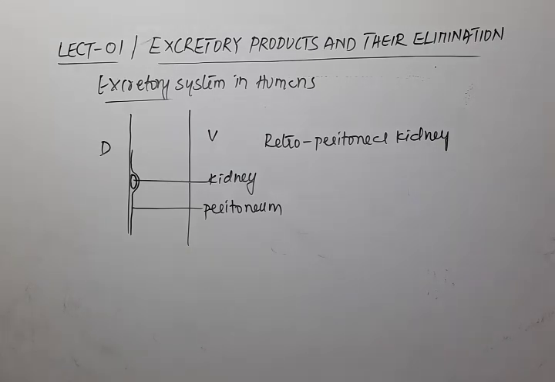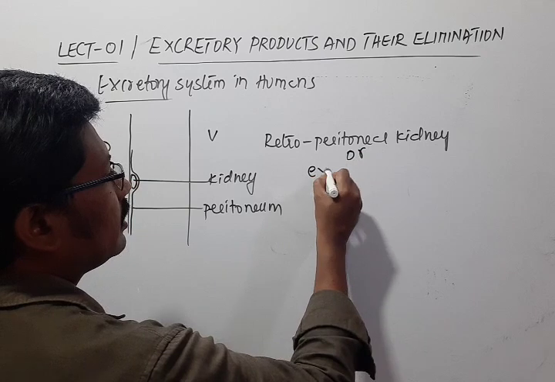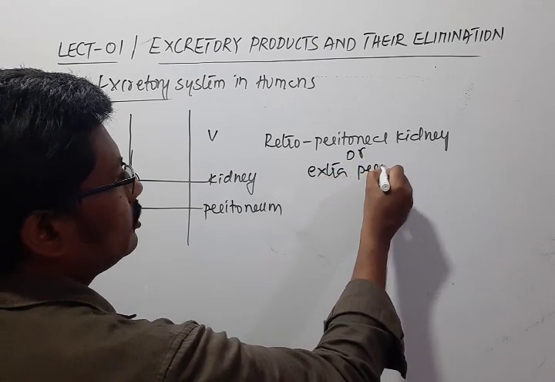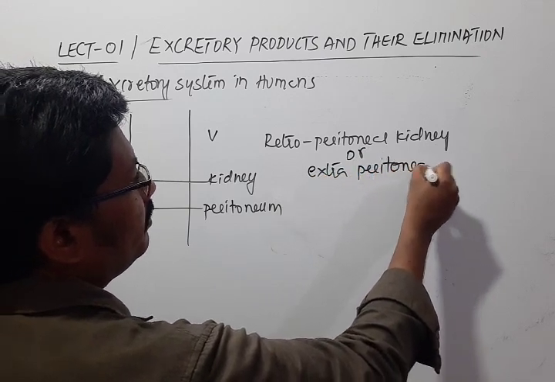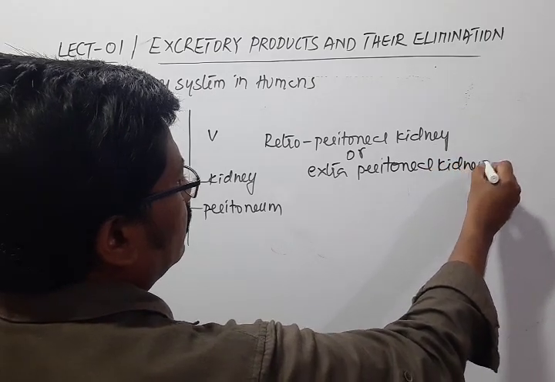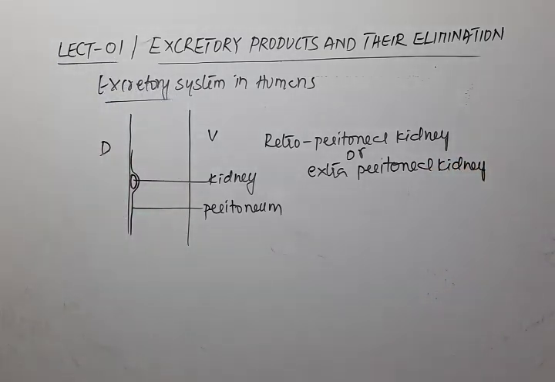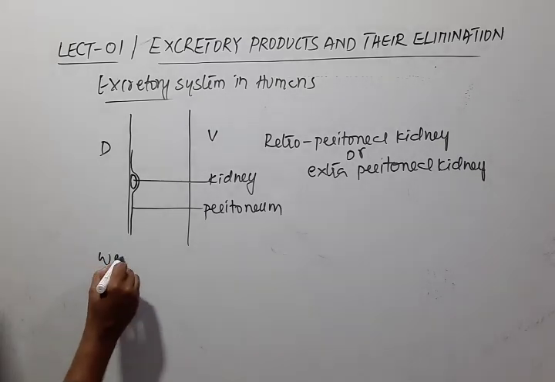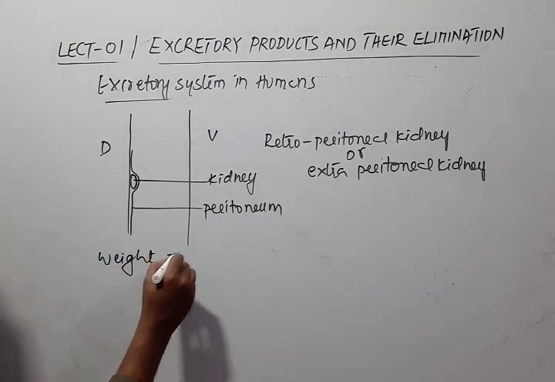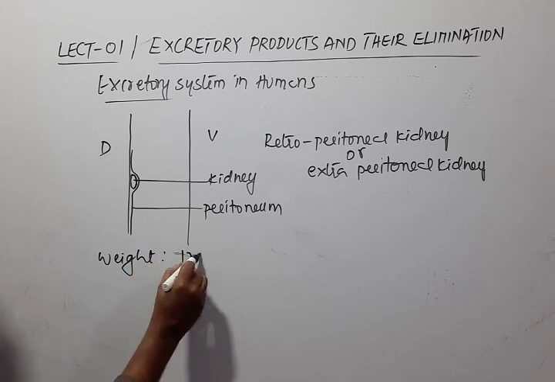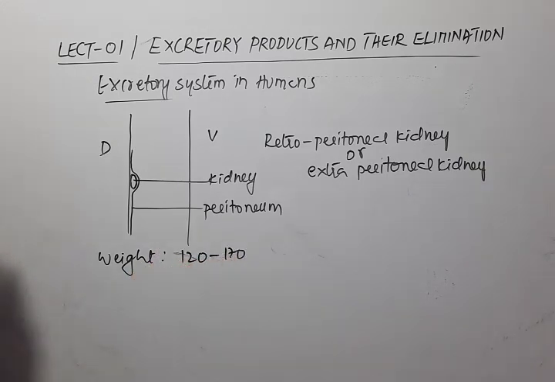You can also use one more word for this, extraperitoneal kidney. And the weight of the kidney will be around 120 to 170 grams.